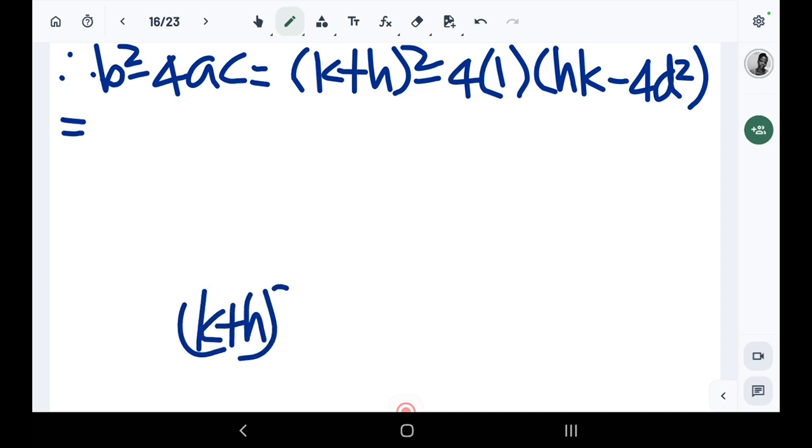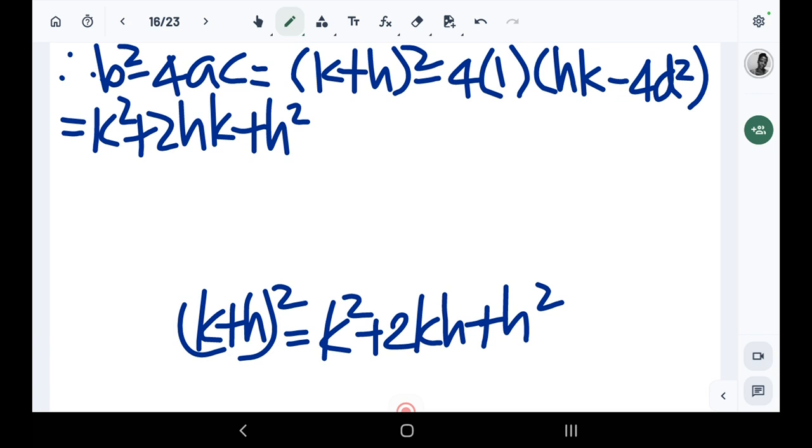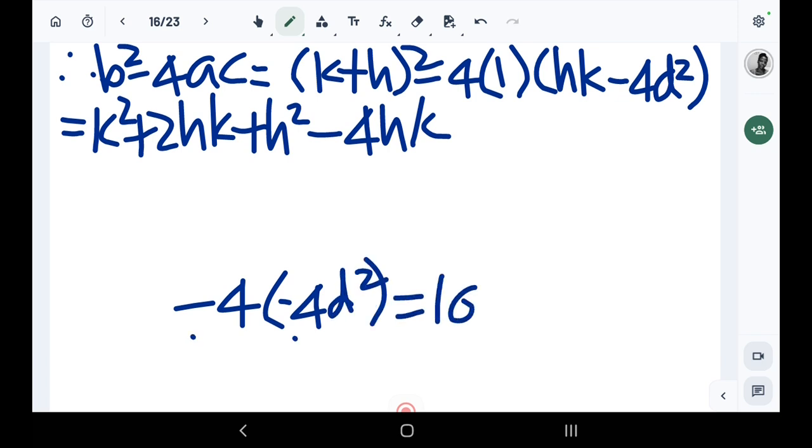K plus h all squared, let's square the binomial, that's k squared plus 2 times k times h plus h squared, so that's k squared plus 2hk plus h squared, minus 4hk, plus negative 4 times negative 4d squared, that is equal to positive 16, negative times negative is positive, 4 times 4 is 16, that's positive 16d squared.